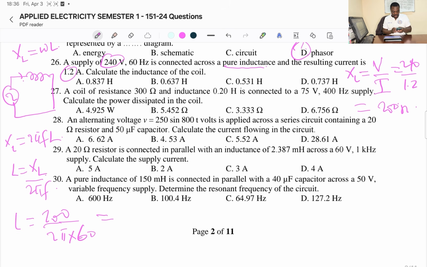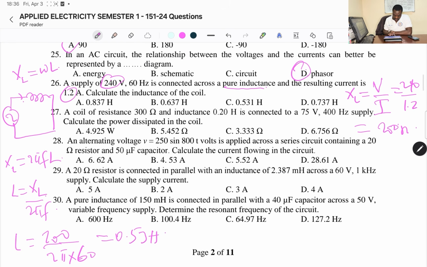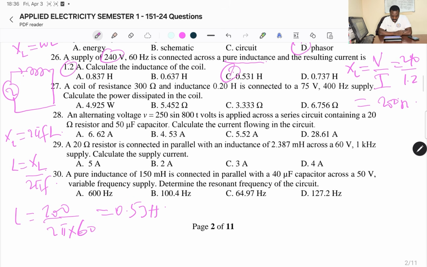Okay, let me do this again. 200 divided by 2 times pi times 60. So we get 0.523, so that is 0.523 henries. So when we come here, question 26 is going to be C. Okay, go to question 27.